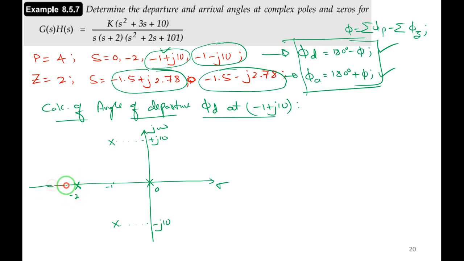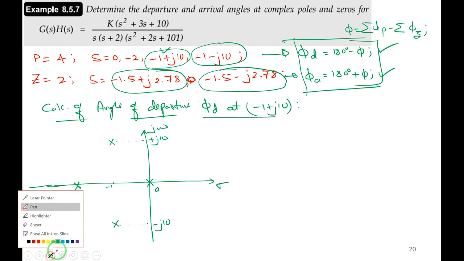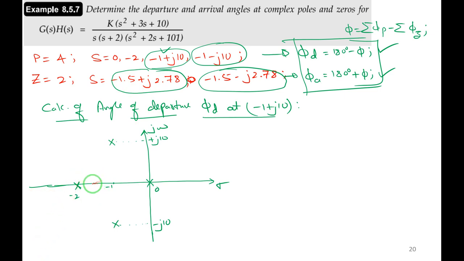Next, we will look at the zeros. Minus 1.5 will come somewhere here, plus j2.78 somewhere here.